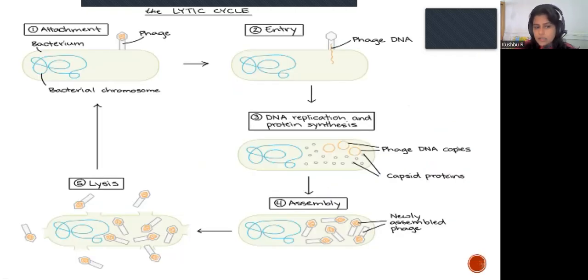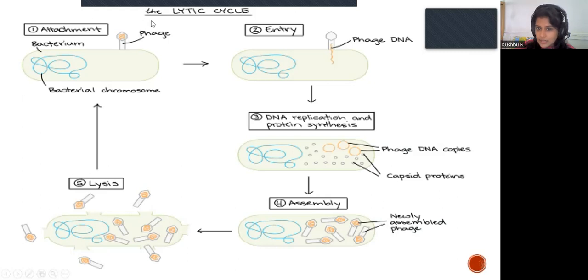To speak a little bit in detail, when the bacteriophage attaches to the bacteria, that stage is called the first stage, attachment or adhesion. Here, the bacteriophage attaches to bacteria. Later, the nucleic acid of the bacteriophage enters inside the bacteria.